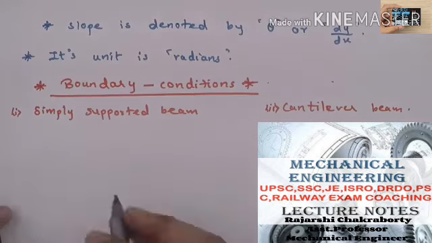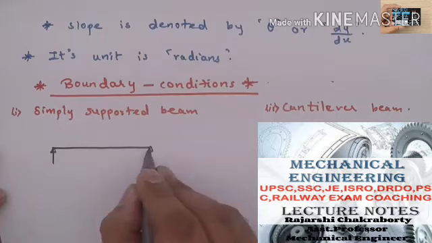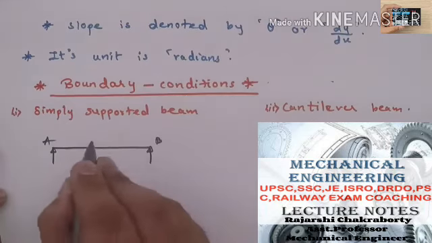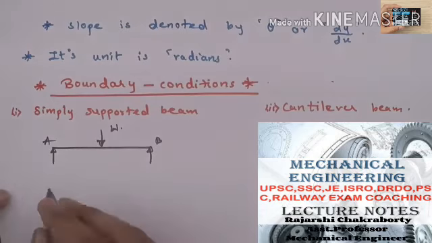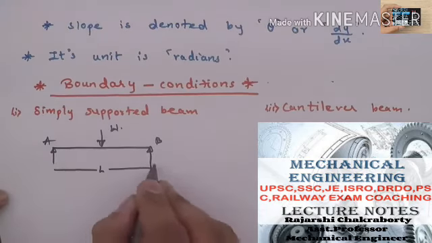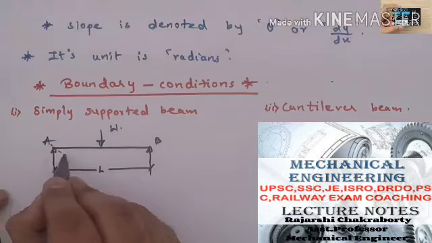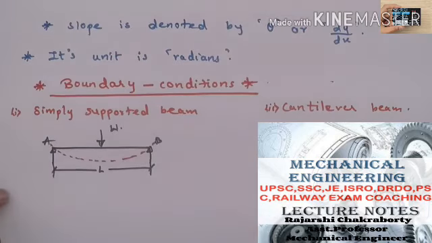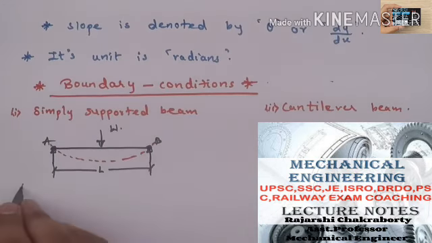Now for a simply supported beam supported at A and B, suppose the load is acting at the center. The beam has a length of capital L. When the load is acting, the beam is going to deflect, and the deflection at A and B is 0 because it is simply supported.